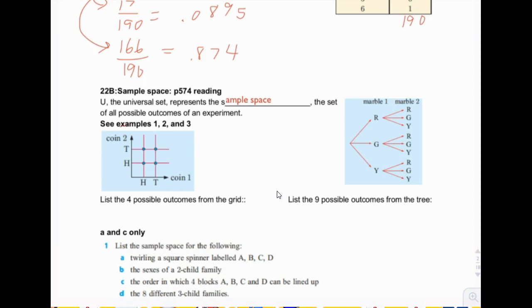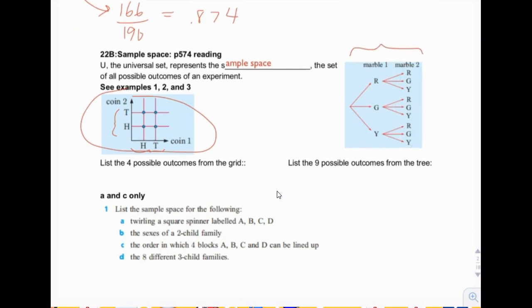One is to make a grid where you have the two results which combine to make a compound event on each axis, and then you have the tree, which has the same thing, except instead of having 2 axes, it has 2 steps. Okay, the tree can be used in more complicated experiments where you have 2 or more phases, whereas the grid can only be used if you have basically 2 variables.